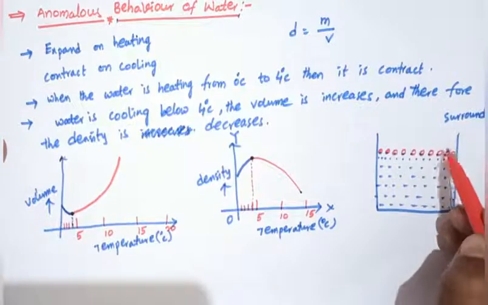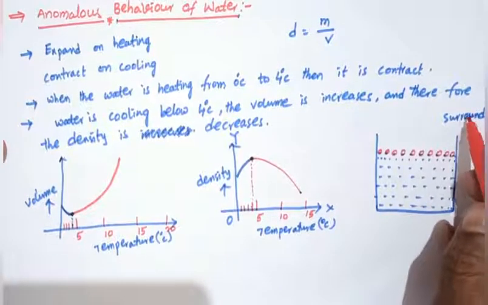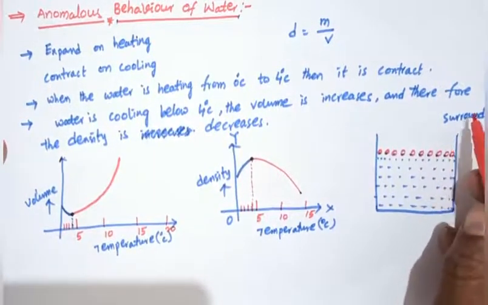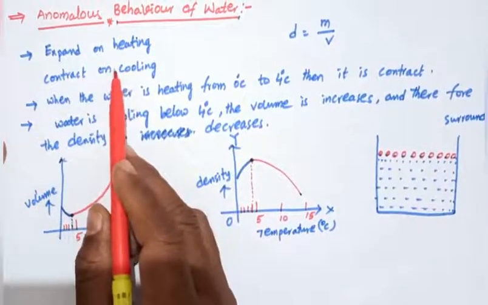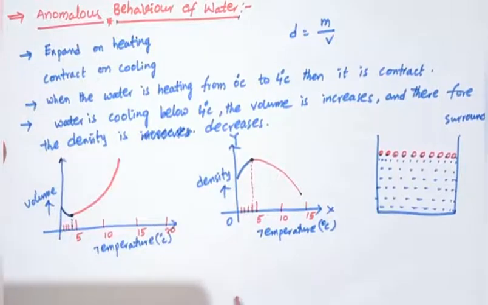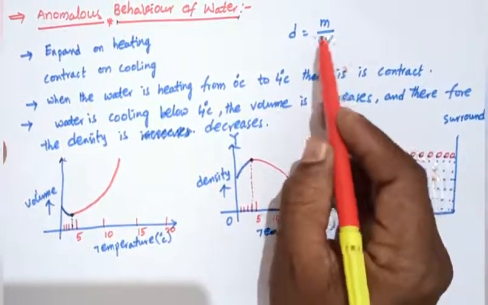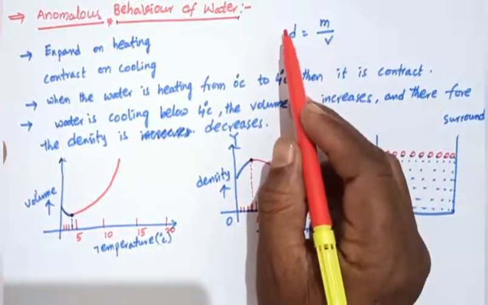Temperature decreasing is nothing but cooling, so it contracts. Volume decreases, density increases.